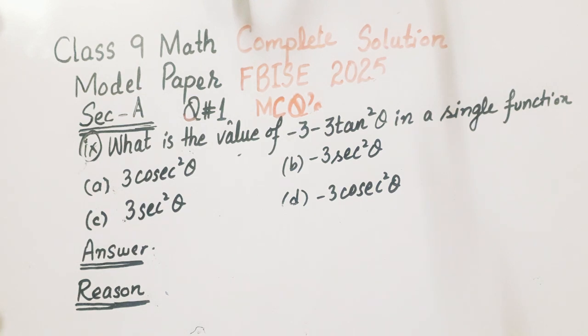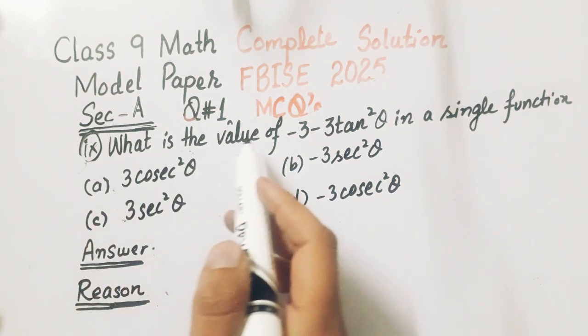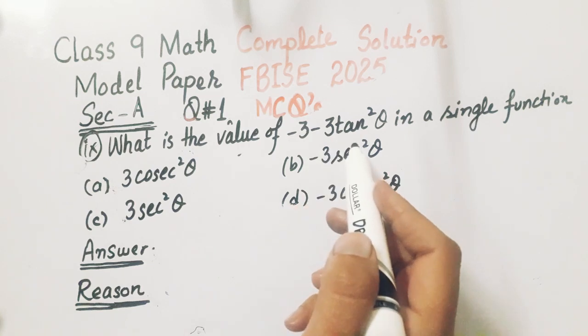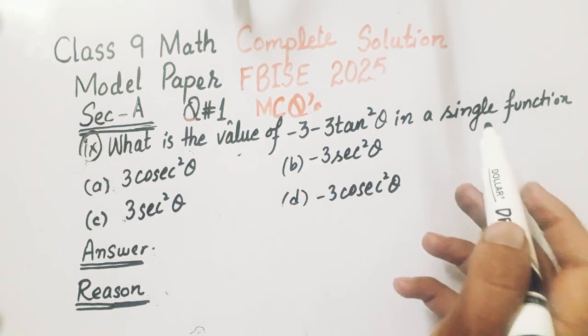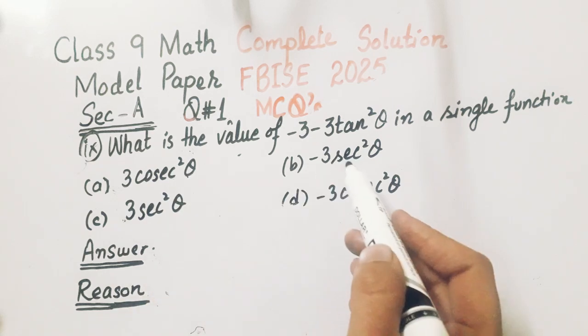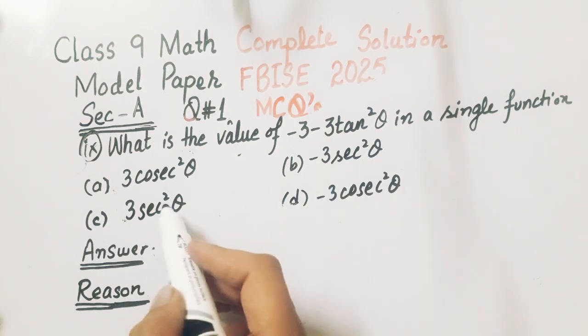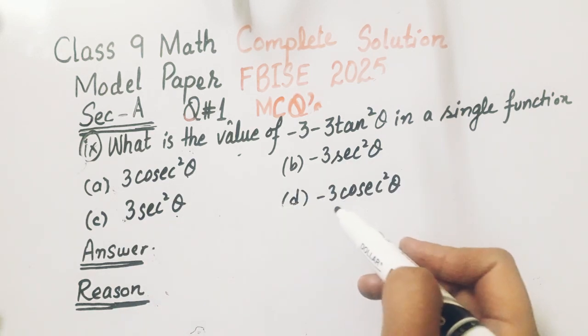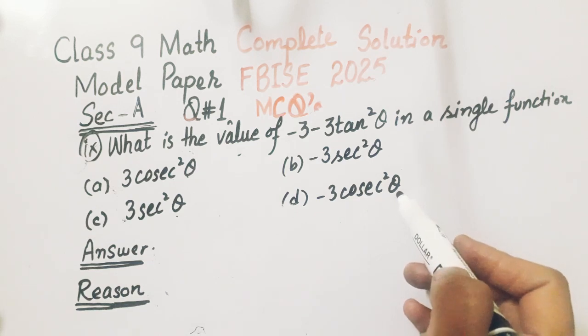Now we have part 9: what is the value of -3 tan square theta in a single trigonometric function? Options: a cosecant square theta, -3 secant square theta, 3 secant square theta, or -3 cosecant square theta.